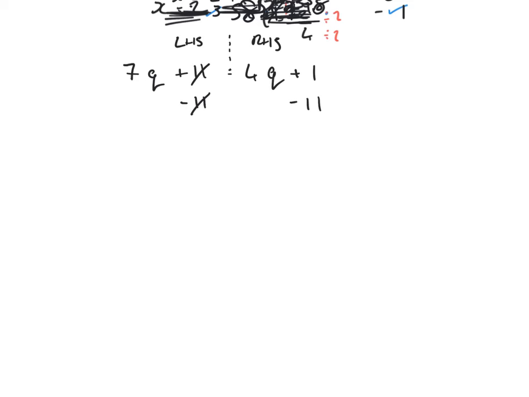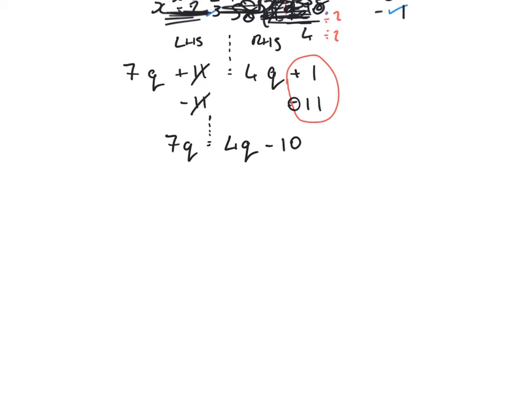Okay, what's left on the left hand side? Just 7q. What's left on the right hand side? 4q, and just really take your time here. I've got a plus 1 minus 11. So think about if it was 1 degree outside and it got colder by 11 degrees, it went down by 11. 1 take away 11, take your time, minus 10.